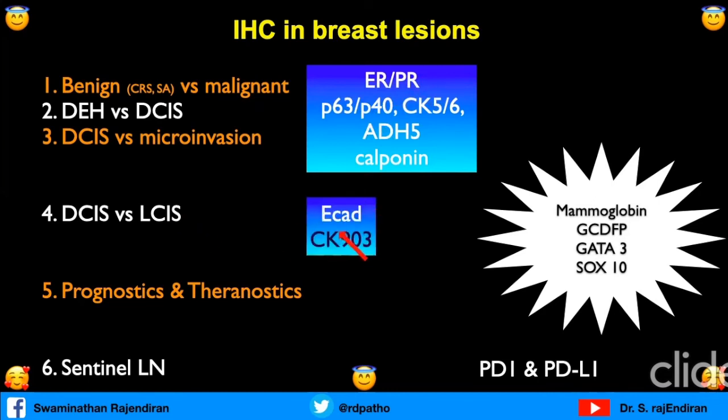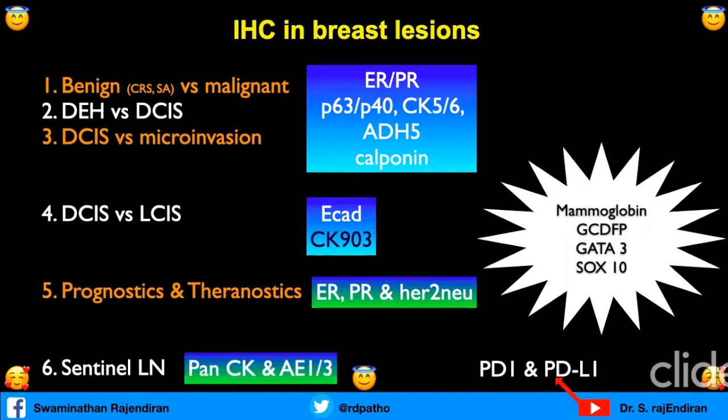DCIS or LCIS, E-cadherin and CK903. Prognostic and theranostic markers, you know, ER, PR, HER2/neu, and PD-1 and PD-L1. And sentinel lymph nodes, you are looking for miniature of the tumor cells that are in the sentinel lymph nodes. So you use pan-CK or AE1, AE3. I request all of you to take a picture of this. This is the immunohistochemistry in the breast lesions.